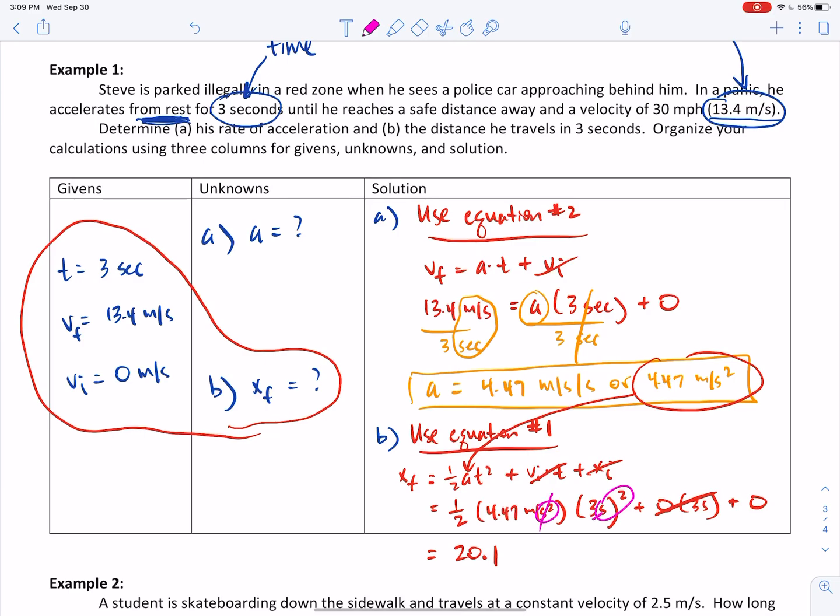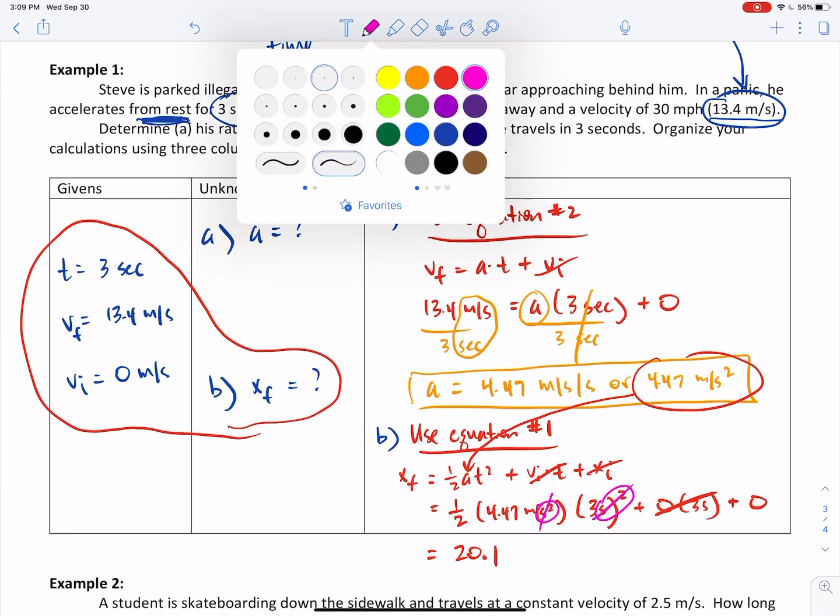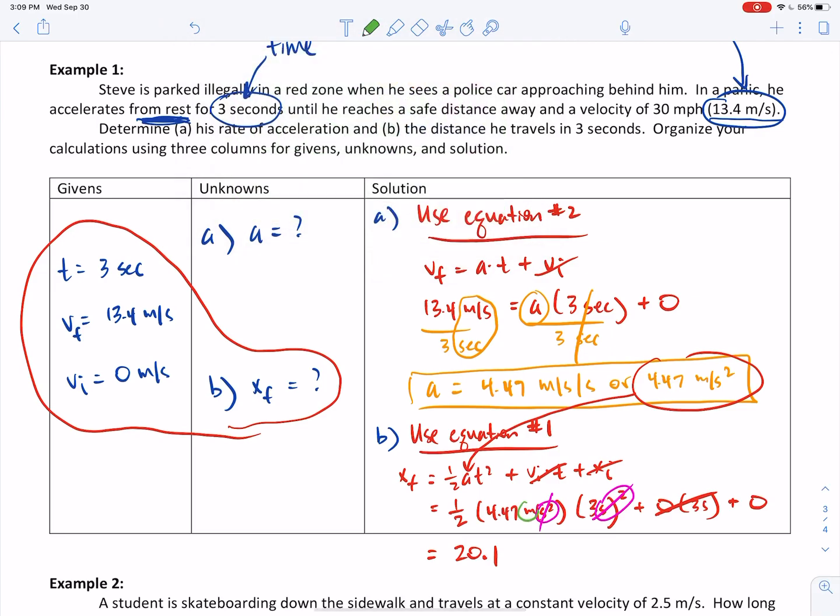So those will cancel, and I will be left with meters uncanceled. So those are my units for my answer. And that makes sense, right? Because it was asking for a final position, 20.1 meters. That's how far Steve is going to get after 3 seconds.